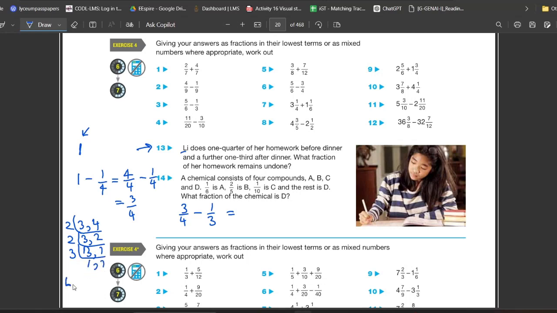So LCM is 2 times 2 is 4, 4 times 3 is 12. So I multiply by 3 to make this 12. Do the same, multiply by 4 to make this 12. And 9 over 12 minus 4 over 12, then 5 over 12. So that's the remaining part of the homework.